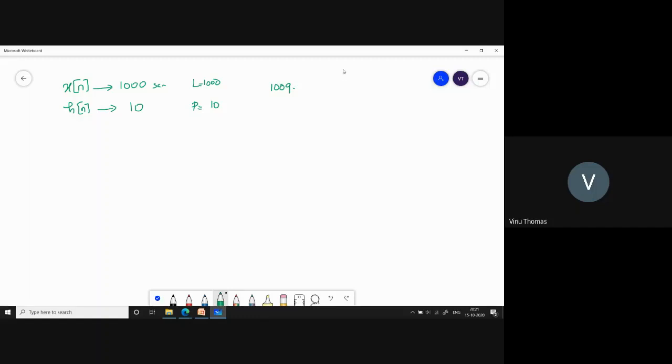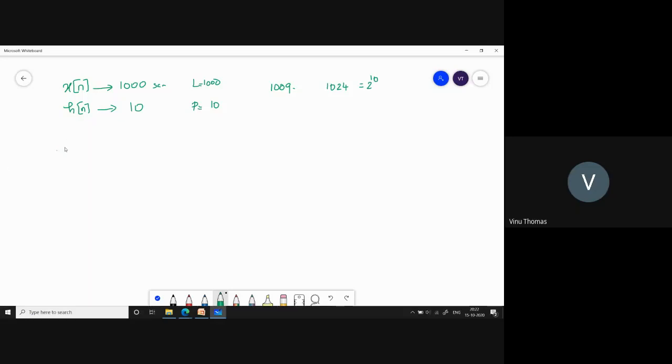1009. Is that clear? So we will see how to implement this using, let us say, Radix 2 FFT. For Radix 2, you require the length to be a power of 2. So the number which is a power of 2 and greater than 1009 is 1024, which is equal to 2 raised to 10.